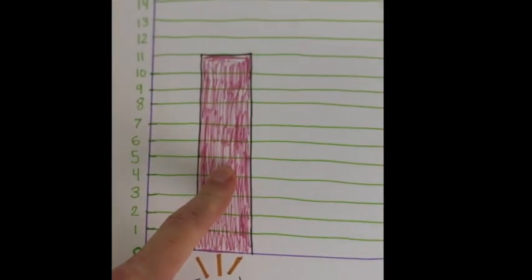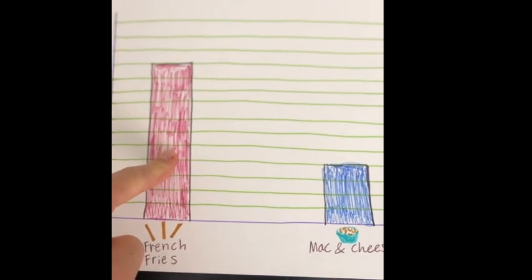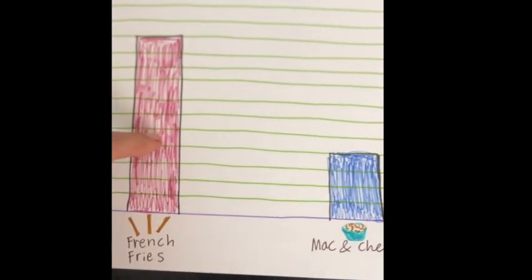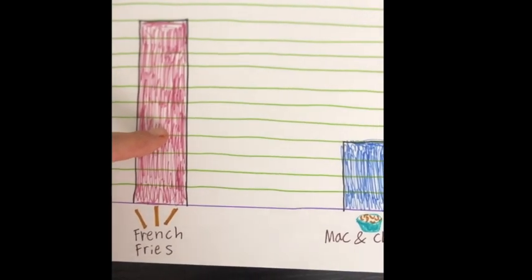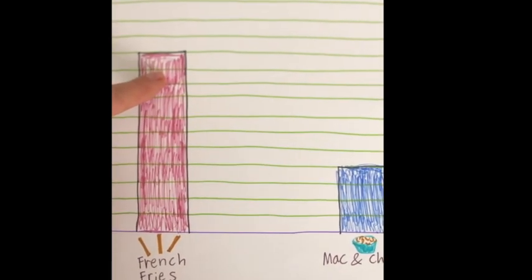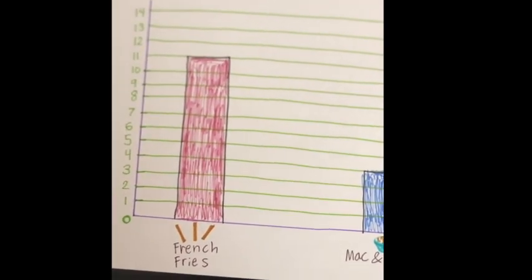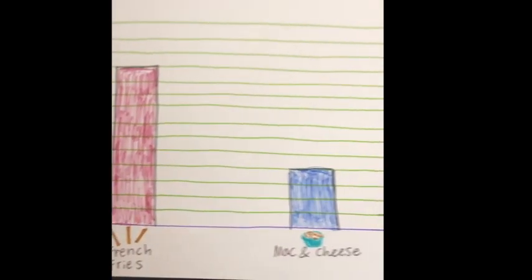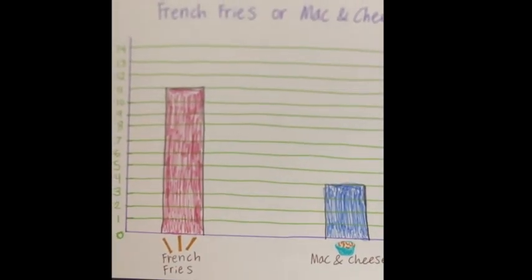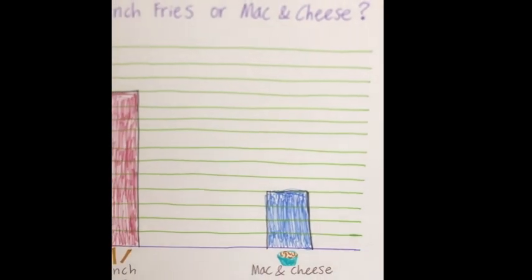This is where we count how many more the French fries have than the mac and cheese. So let's count until we get to the top. 1, 2, 3, 4, 5, 6, 7. So the French fries had 7 more votes than the mac and cheese. So 7 more people liked French fries than mac and cheese.